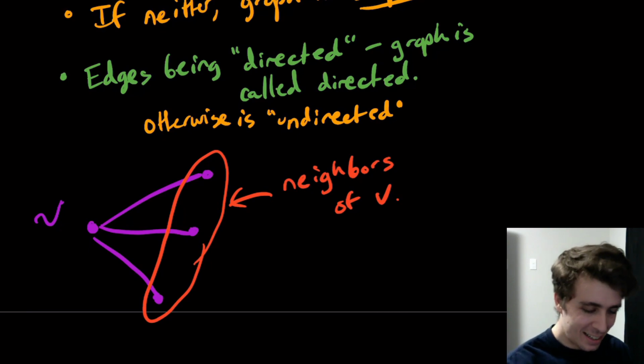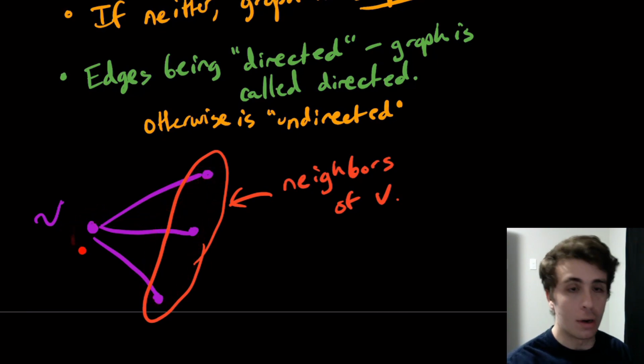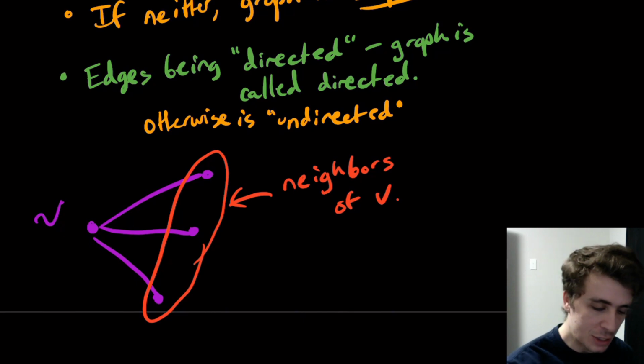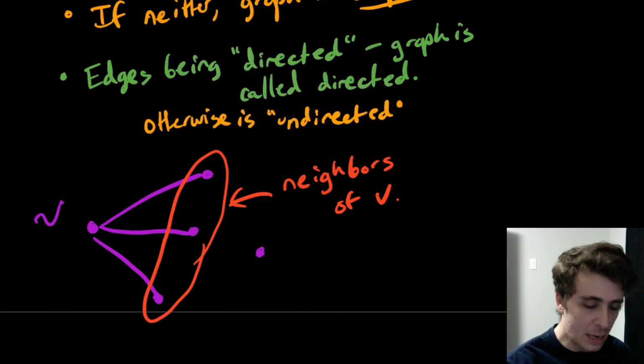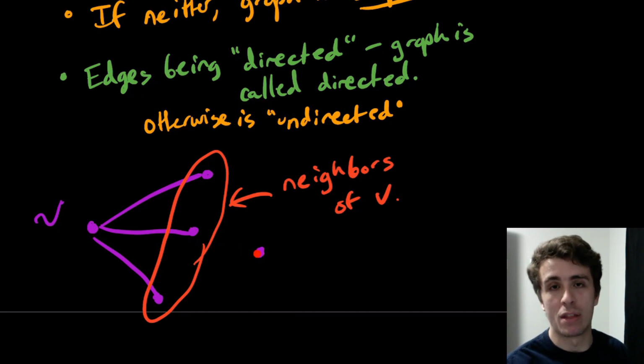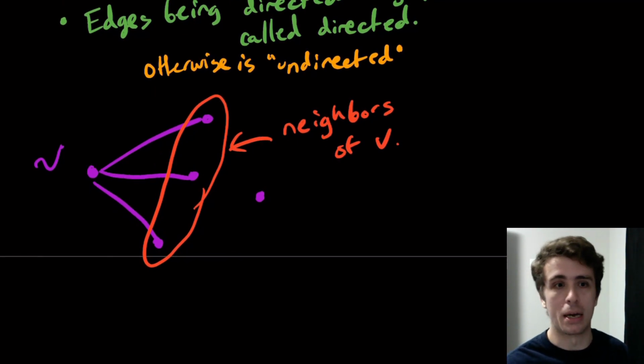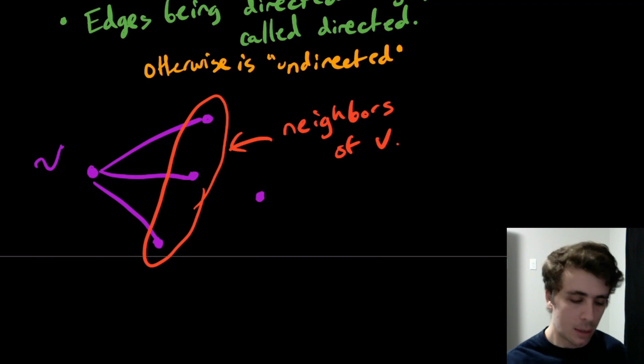So all of the vertices that are adjacent to V are called the neighbors of V. If we had some other vertex out here that was not directly in contact with V, it would not be a neighbor of V. Neighbor just means directly adjacent to the vertex.